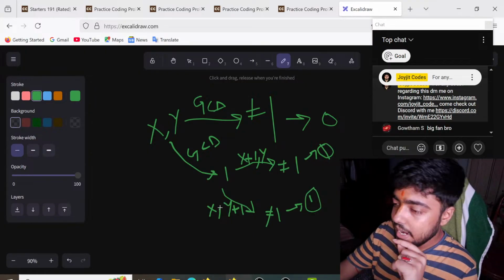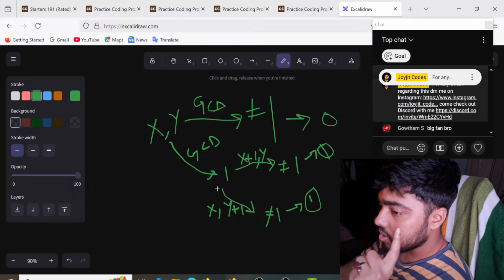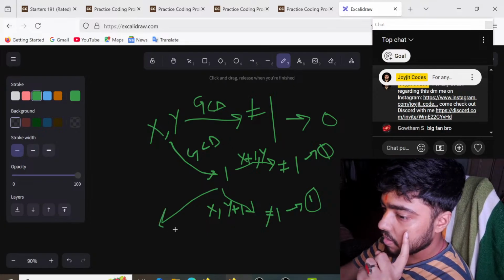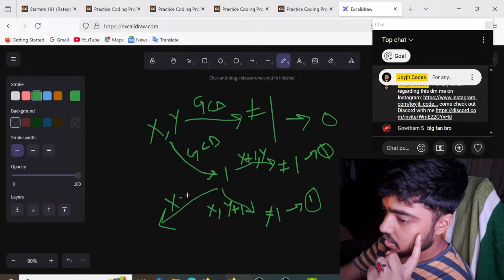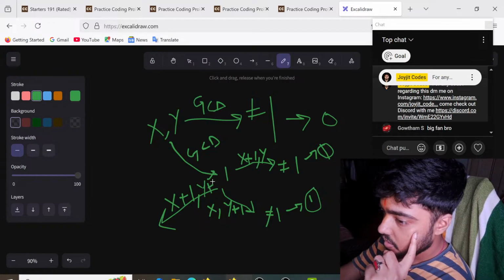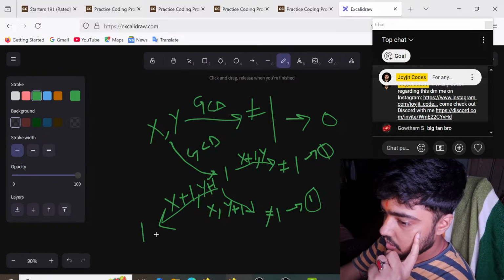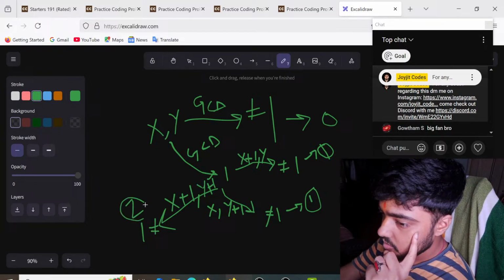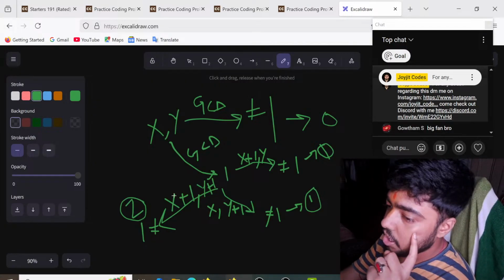What if I tell you that there is only one more condition that will be coming from here? That is this one, where the answer is 2, because you are adding 1 to x and 1 to y.